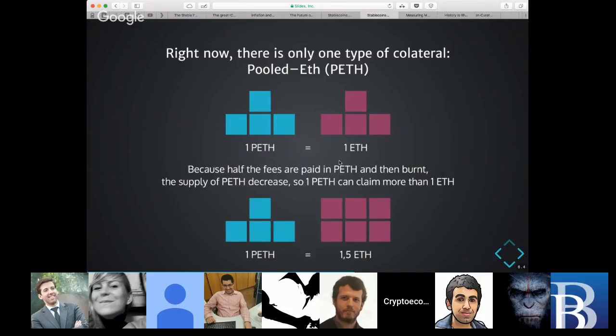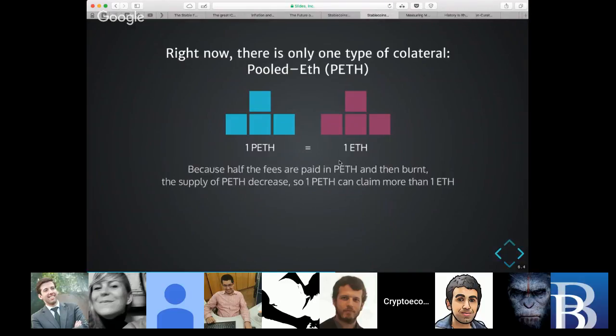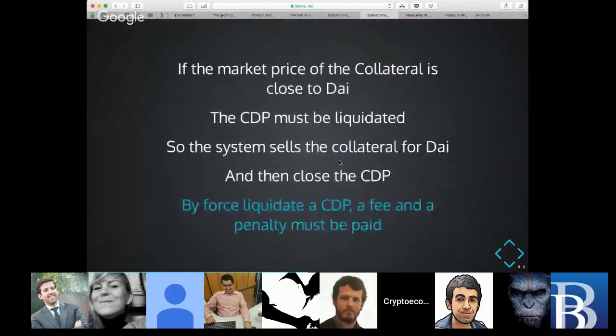Then what happens in the end is that one PETH can claim more than one ETH. This is because, if you remember, what you have done is you have sold the collateral for DAI.